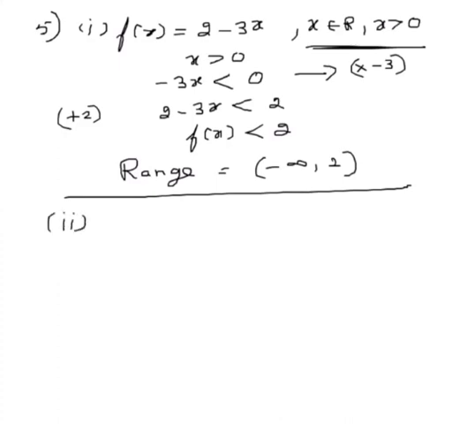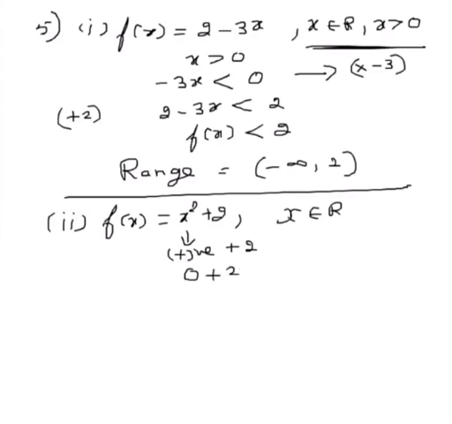Second subdivision, f of x is given as x square plus 2 and x is a real number. So the domain is given. We have to find the range. We know that x square is always positive and you are adding 2 to it. The minimum value of x square will be 0 and plus 2. As you increase or decrease the value of x, this f of x is going to increase.